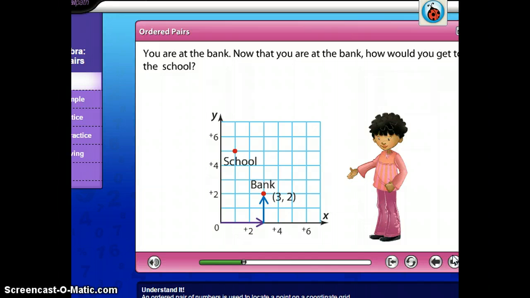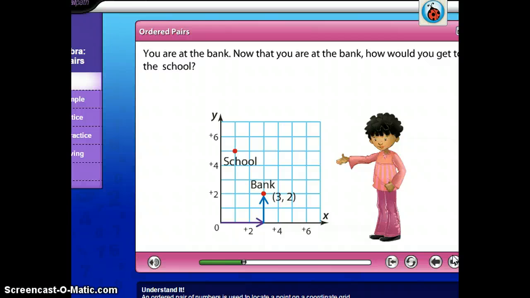Now that you are at the bank, how would you get to the school? They want to know how to get to the school from the bank, not starting from the origin. Remember, it's always x, then y. We're going to have to go up and over.